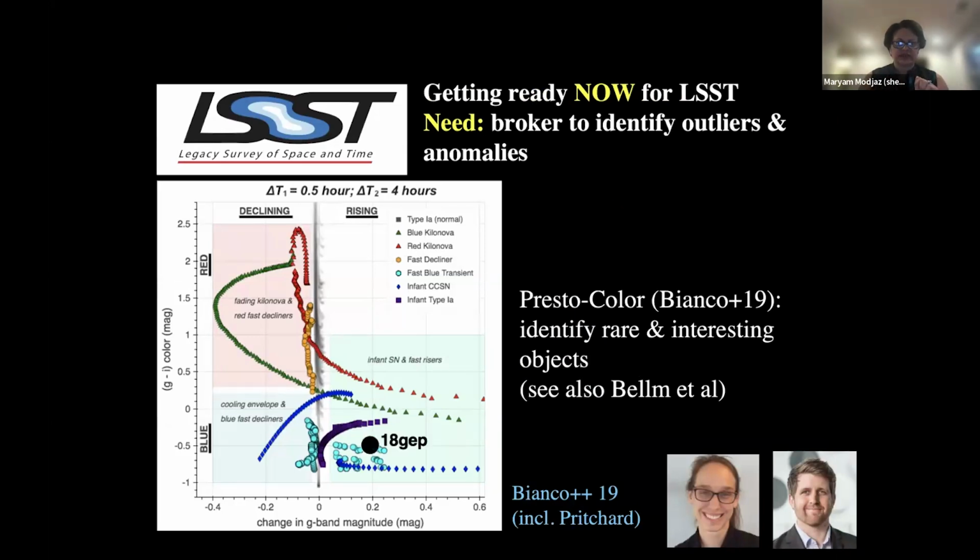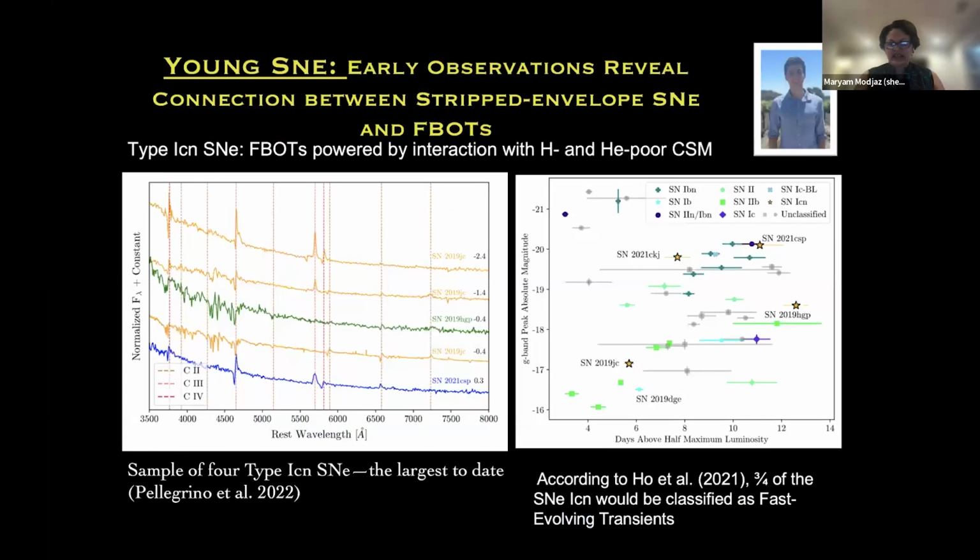And then my last slide is to show you that in this era of fast evolving transients, there are many kinds of fast evolving transients, and you really need to have spectra, which we won't have for many, to figure out what they are.